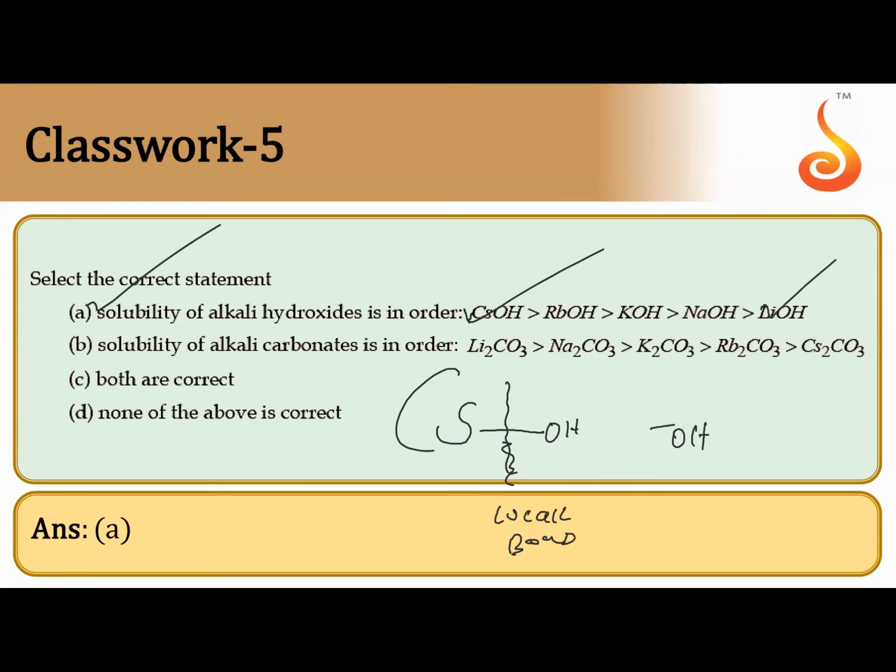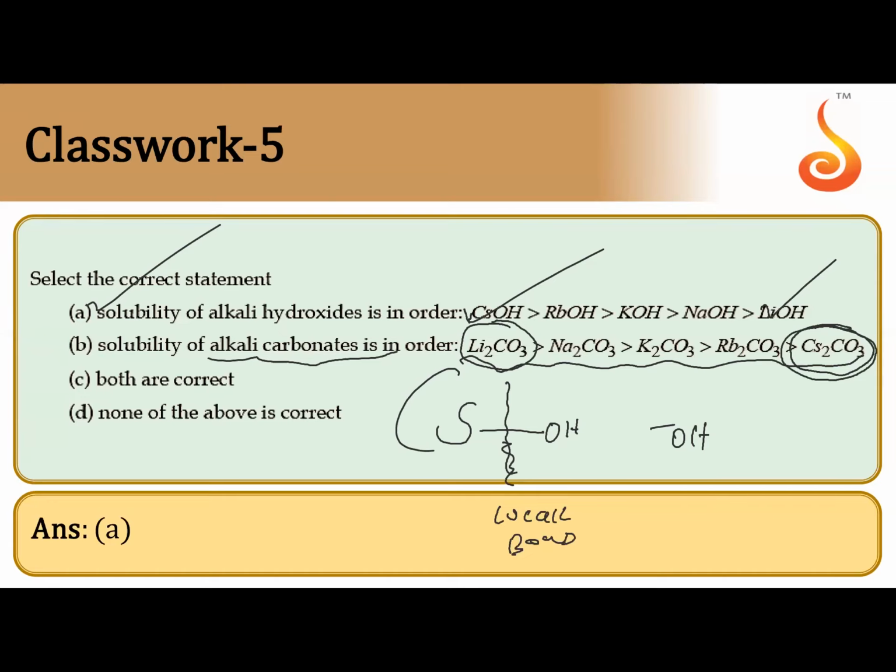Coming to option B, solubility of alkali carbonates is in the order. So please understand one thing very clearly. Carbonate is a bigger size ion. Therefore, cesium carbonate is highly stable and lithium carbonate is least stable, and lithium carbonate does not exist in the aqueous solution.